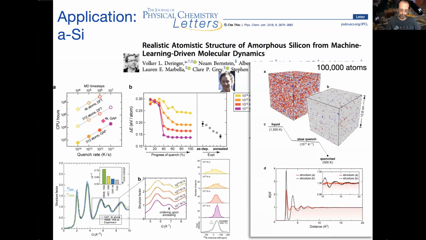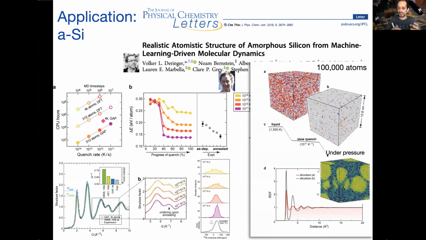And here's an image of a 100,000 atom structure created using this slow quench procedure, which we claim is now ab initio accurate in its structure. And for example, you can put it under pressure and you discover that it crystallizes at about 15 GPa to a simple hexagonal structure, which is seen in experiment, but the mechanism of that crystallization is unknown from the experiment.